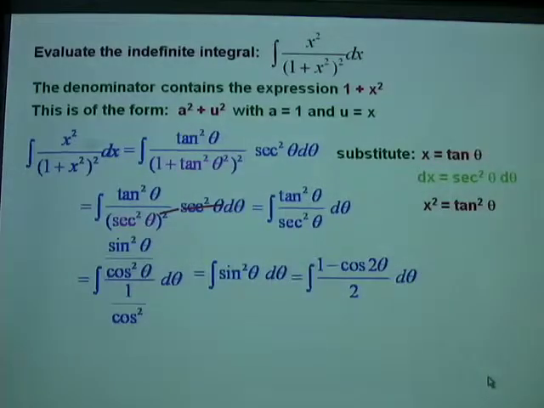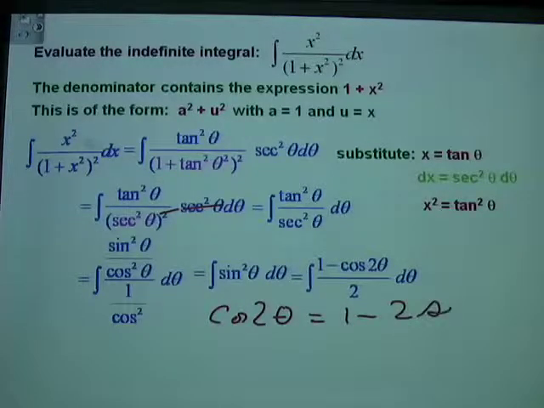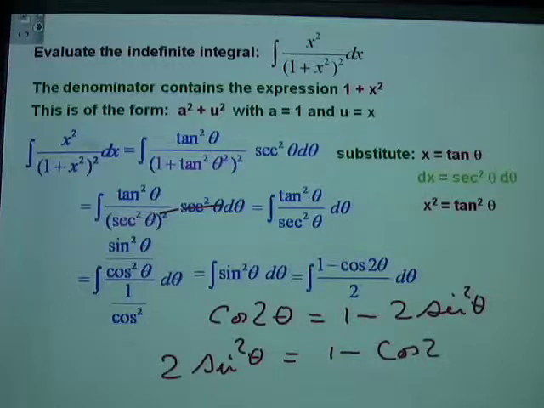Let me write down that identity one more time. It is cos of 2 theta is 1 minus 2 sine squared theta. Therefore, 2 sine squared theta equal to 1 minus cos of 2 theta, and divide both sides by 2.